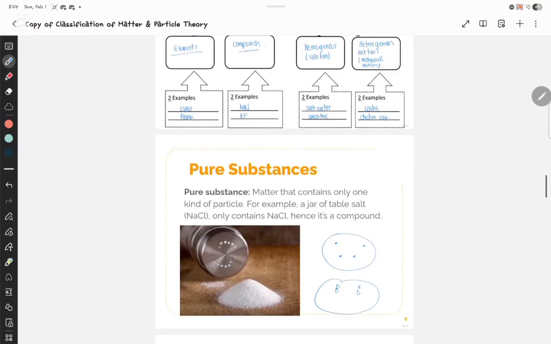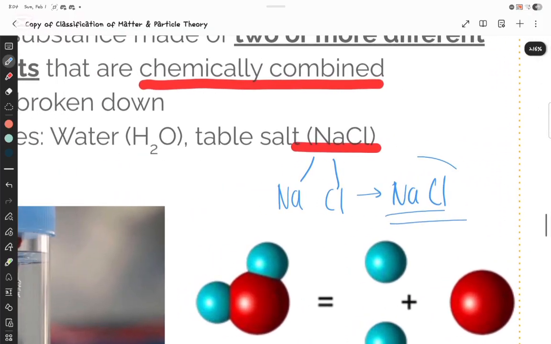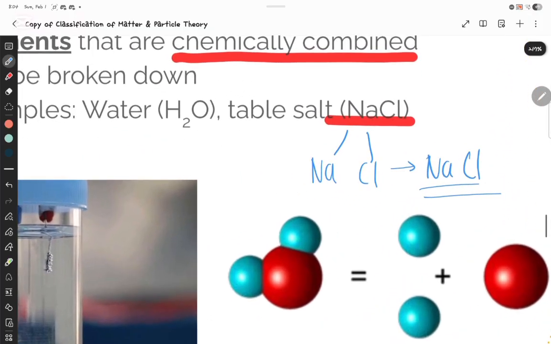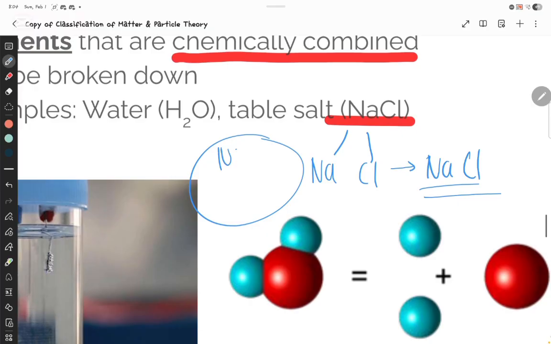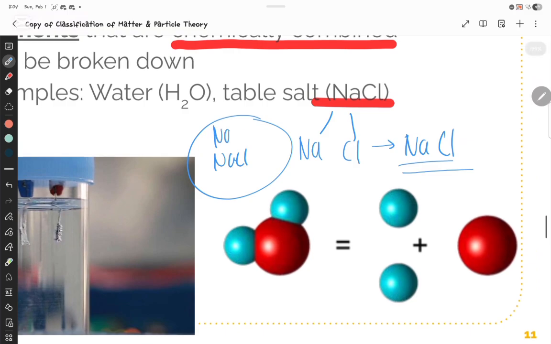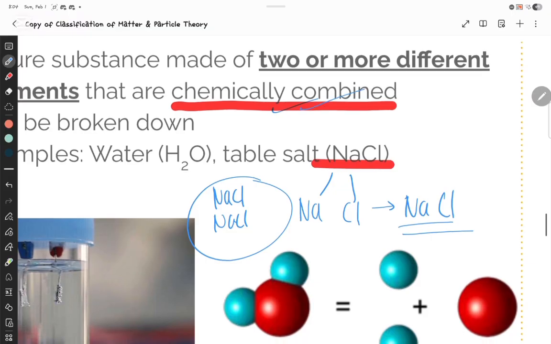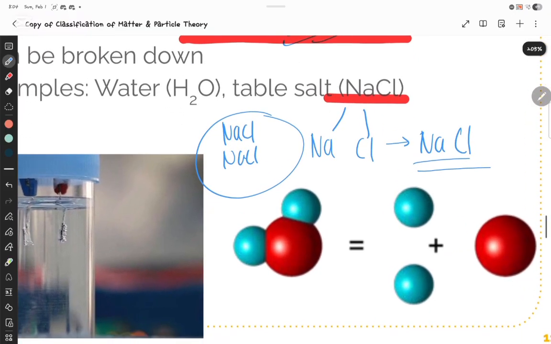So say you have a container with only NaCl, chemically bonded. Yes, two different elements are chemically combined, and it's also a pure substance because there's only one type of particle, NaCl, so it is a compound.